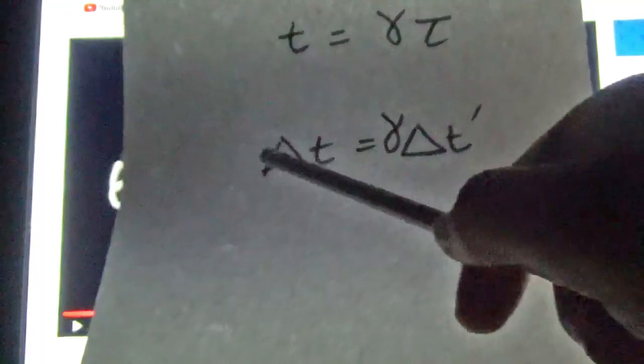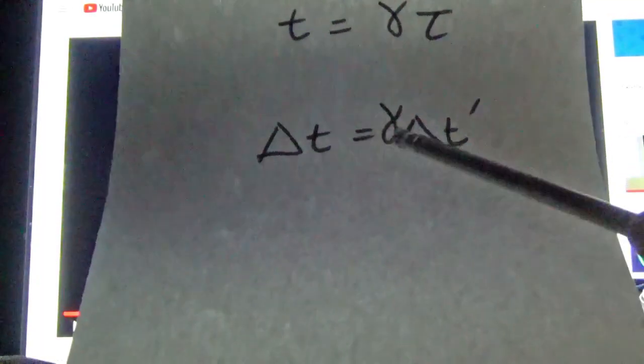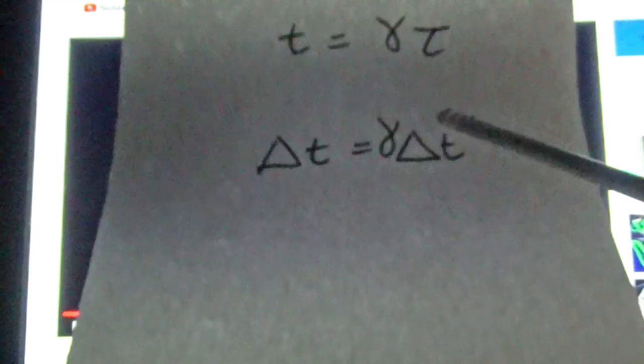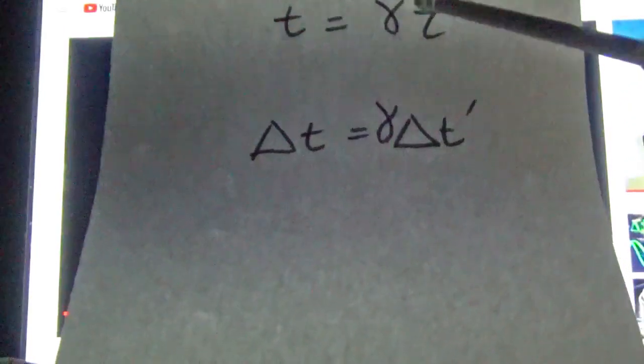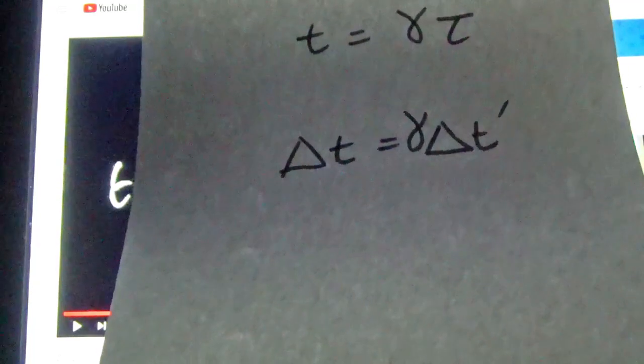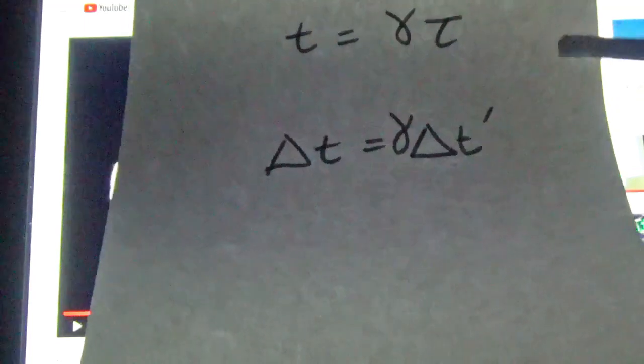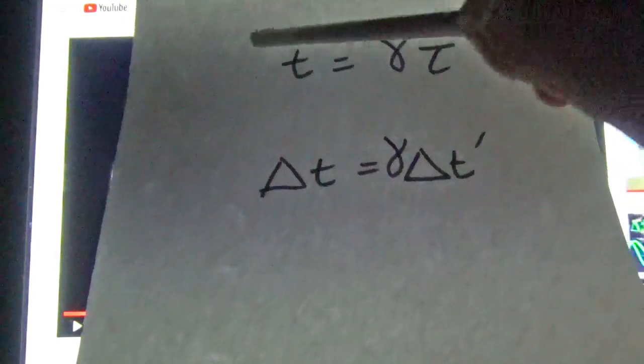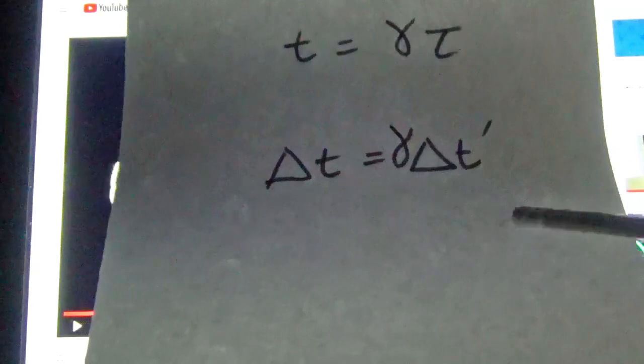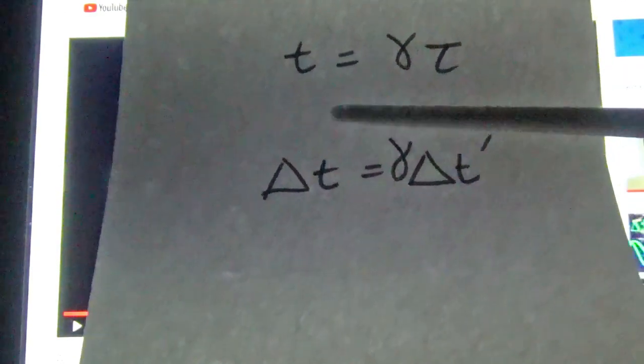So that's basically a time interval t is equal to gamma times this time interval, and instead of having it as tau, they have it as t with a dash at the top, which is prime. They call that t prime. So they sometimes write it differently, and that's another little fudge they do. They try to confuse you by using different notation all the time. So I want to emphasize that when he's giving you this, he's really giving you that as well. That is just it written a different way.